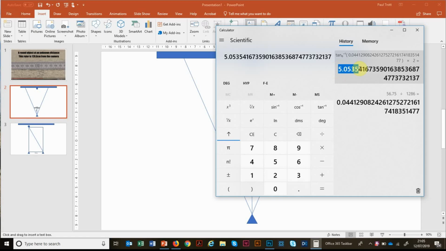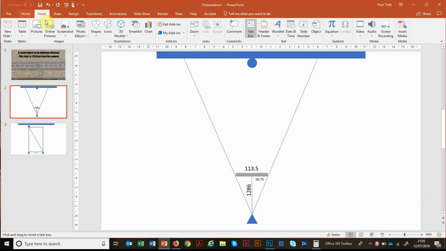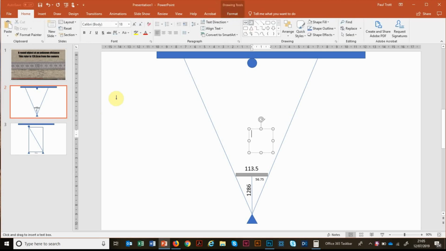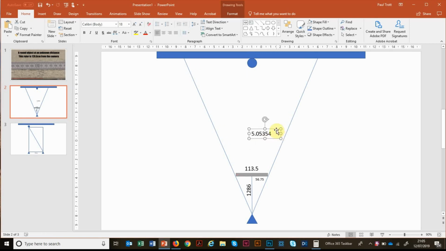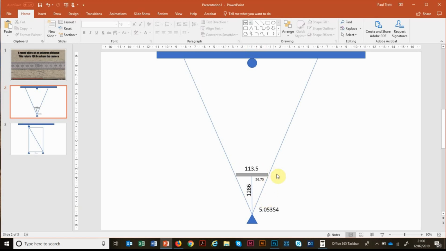Let's take that to a few decimal places. That is our total angle, our view angle basically. So we're seeing 5 degrees across the total width of the image.